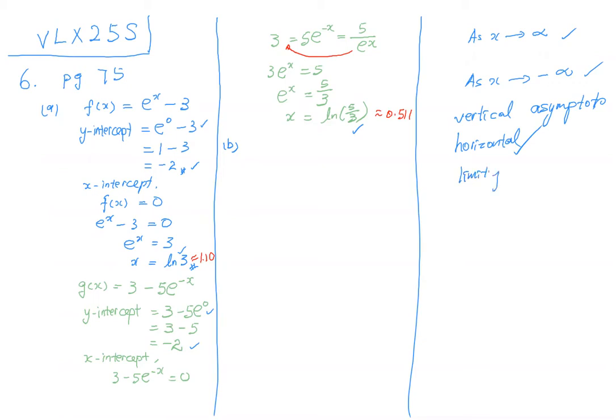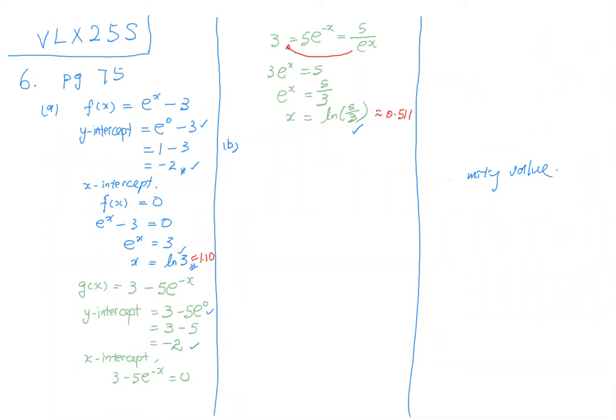So bear in mind, if the question asks for limiting value, then you have to do this kind of study. The purpose of learning how to analyze the result of the function as x approaches infinity or negative infinity is to search for the limiting value for that function.